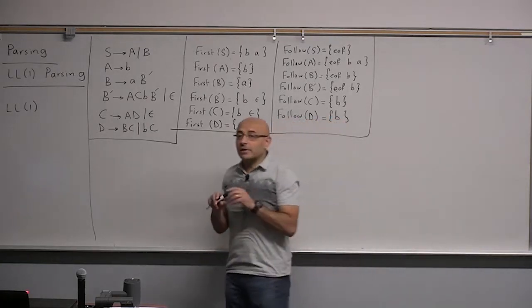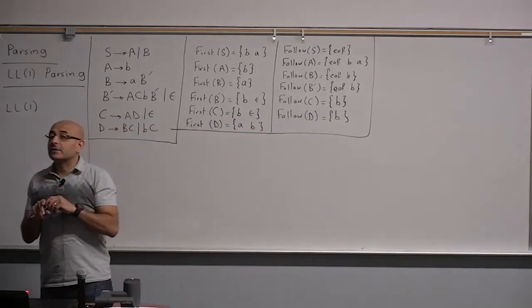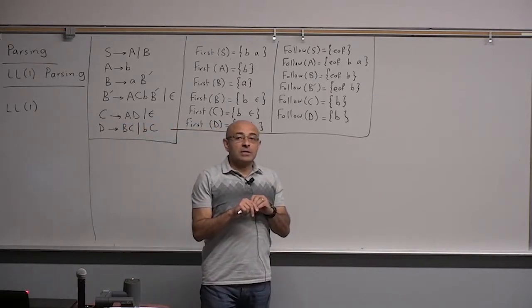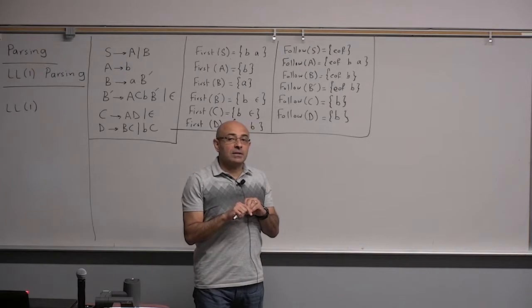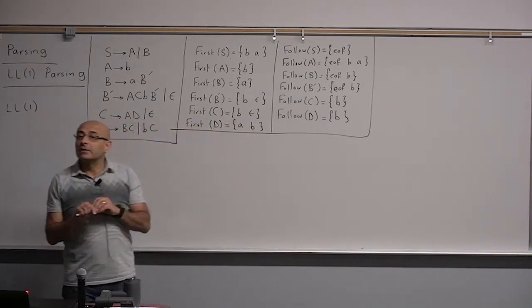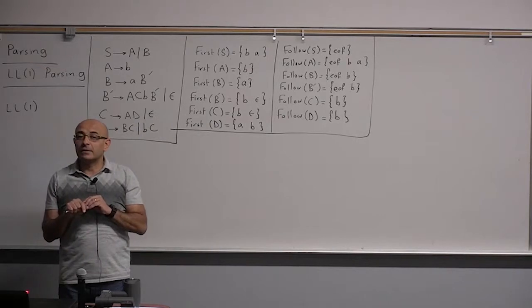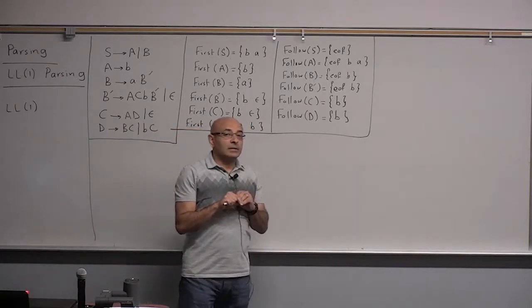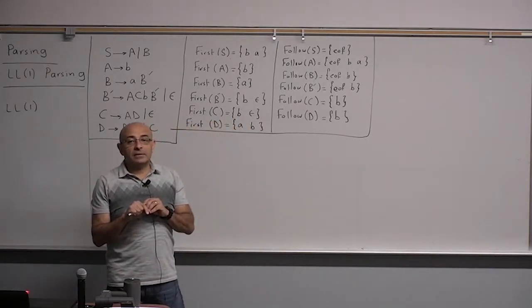What's the condition for when it works? So when does LL1 parsing work? If all the firsts don't have an epsilon, and if it does have an epsilon, then the intersection of the first and the follow must be disjoint.